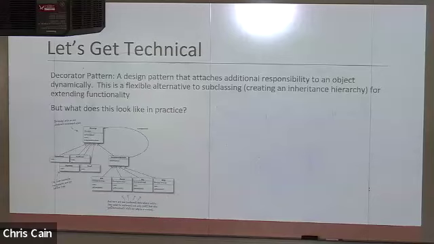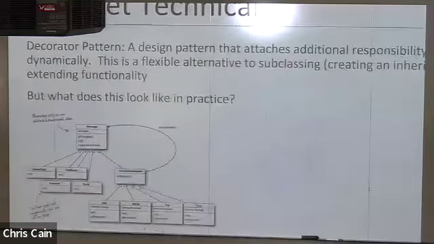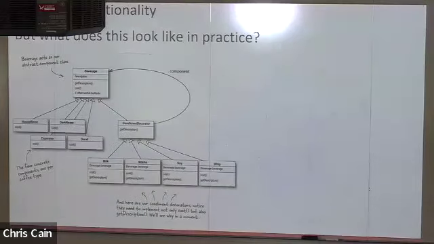In practice, we end up with a diagram that looks something like this. So we have a beverage class, just like before. We have an inheritance hierarchy with that. The subclasses of the beverage are the house blend, the dark roast, the espresso, and the decaf. A condiment decorator is going to be a component of the beverage. So it's composed as well as inherited from.